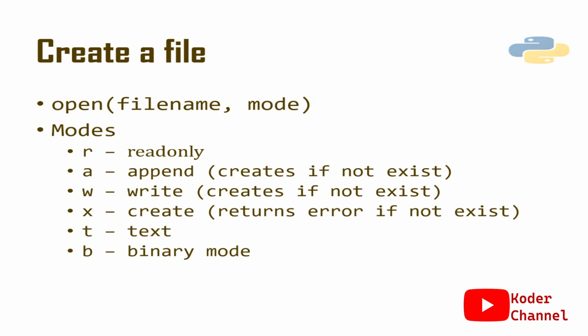In case you want to create a new file and you're very sure this is new, then you can use X, so that it will give you an error in case it already exists. And if you don't care whether it exists or not, if you know what you're doing, you can use write, which will overwrite in case it exists.